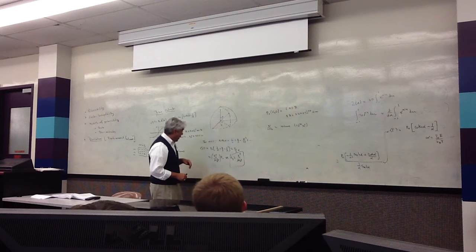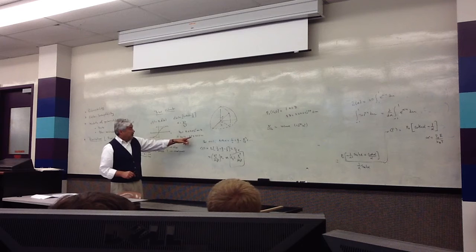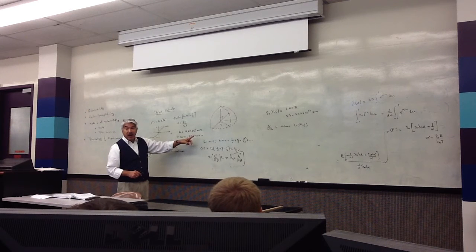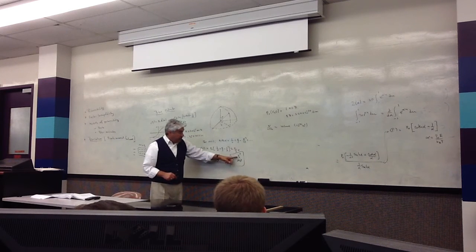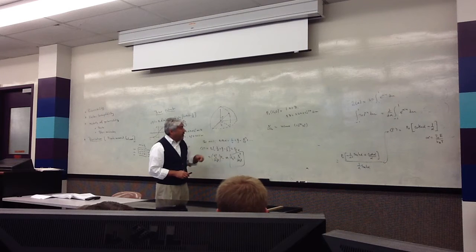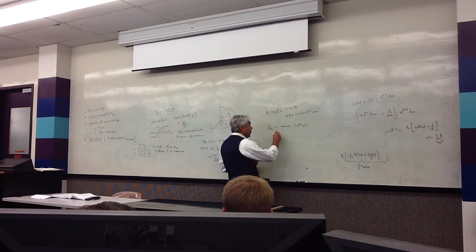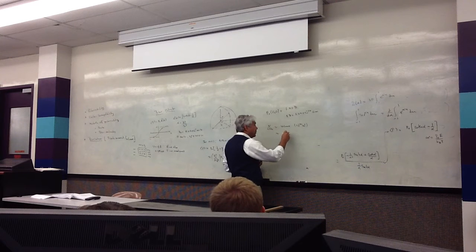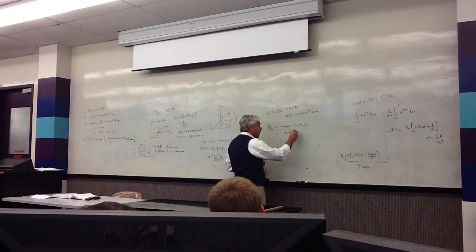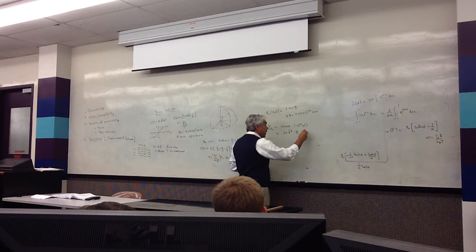At room temperature, kT is 0.025 eV. I can then put in P0 squared and divide by 4 pi epsilon 0 to get a volume, and it turns out the volume should be of the order of 19 angstroms cubed, with T equals 300.